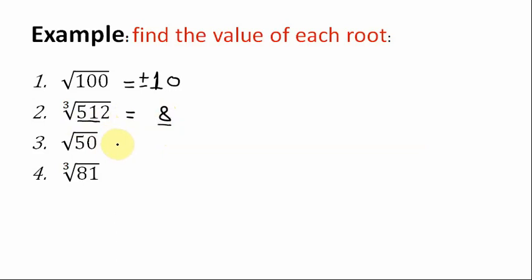Number 3, square root of 50. Okay. Here 50 is not a perfect square number, so we cannot find the square root of 50. So how can I simplify this root or this surd? First step, we will find the factors of 50.